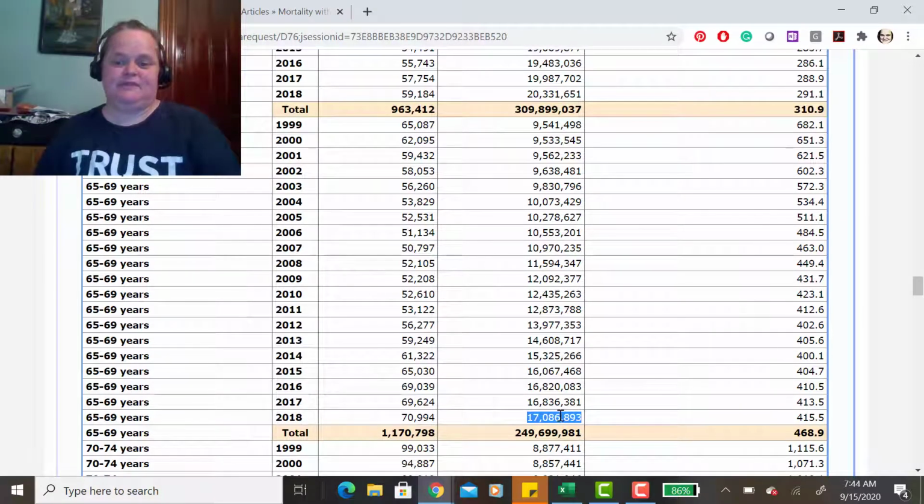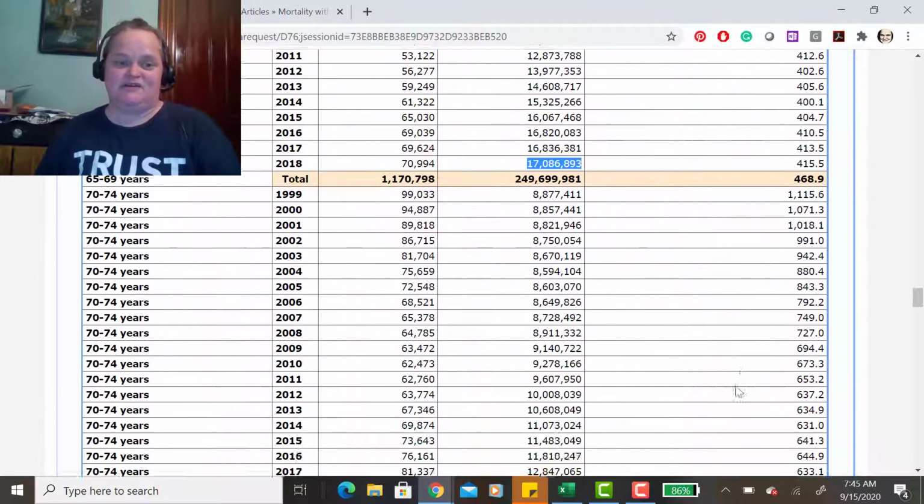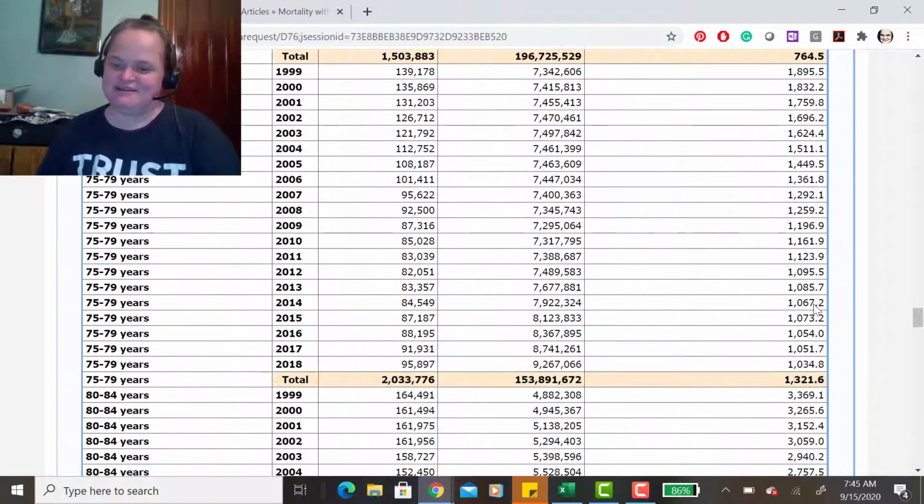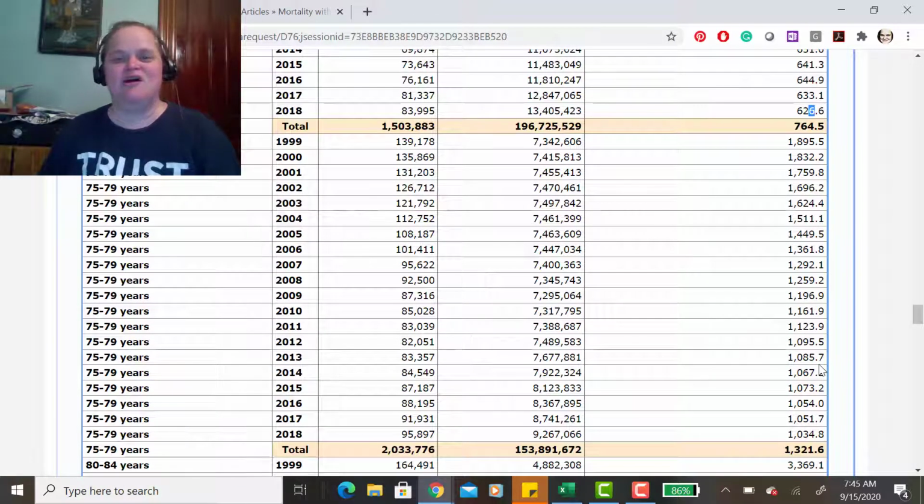Okay. This is awesome. 70 to 74, 1.1% of those aged 70 to 74 in 1999 dying of heart disease, down to 0.6. That's pretty cool. I mean, we really saw so much improved survivorship for people with heart disease.